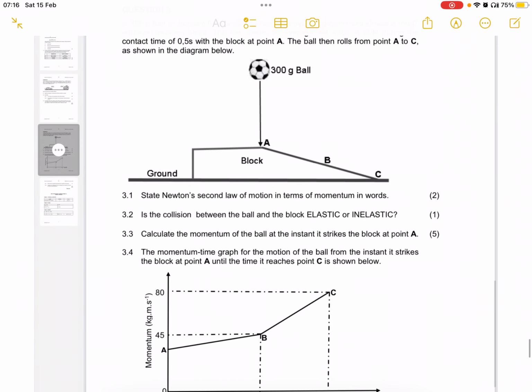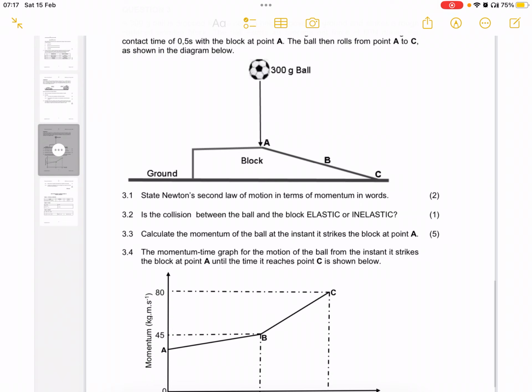3.2 is the collision between the ball and the block, elastic or inelastic. So a collision is elastic when objects collide and they move away from each other, and a collision is inelastic when objects collide and they stick together.